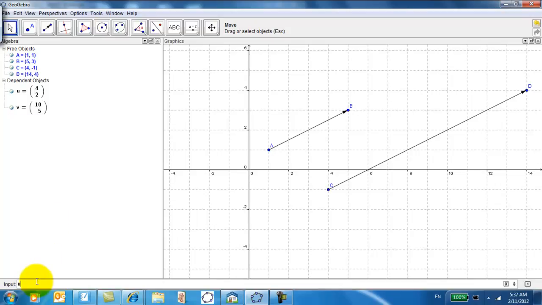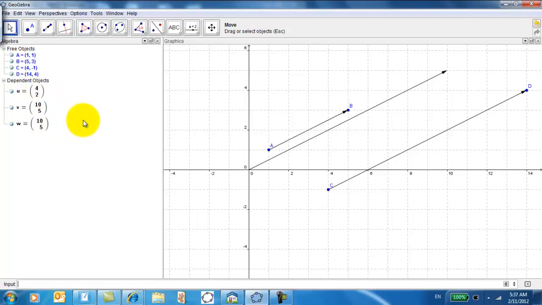How about vector u times the scalar, not 2, how about 2.5? Boom. And see how we match it? There's w, 10, 5, and there's v, 10, 5. So when the coordinates are proportional, we end up with parallel vectors.